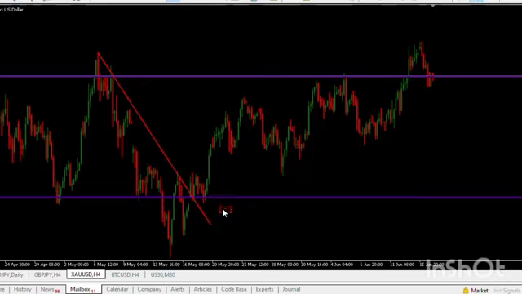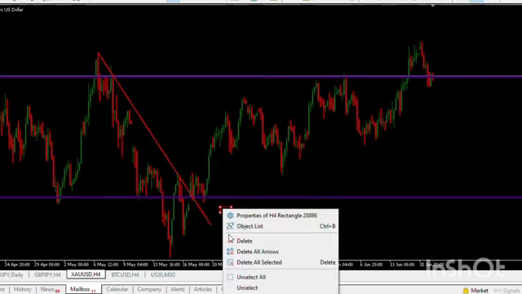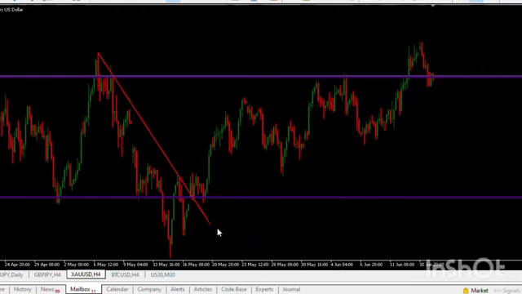Now, what validates it if you were to enter this trade? What again validates it? Now we have had a break of the trend line. Just be patient. For every break of trend line, there must be a retest. So you are waiting for the retest.